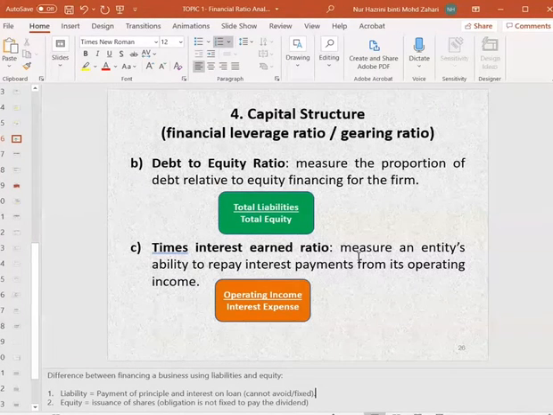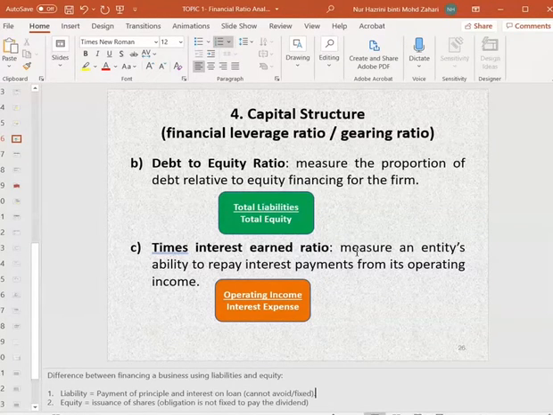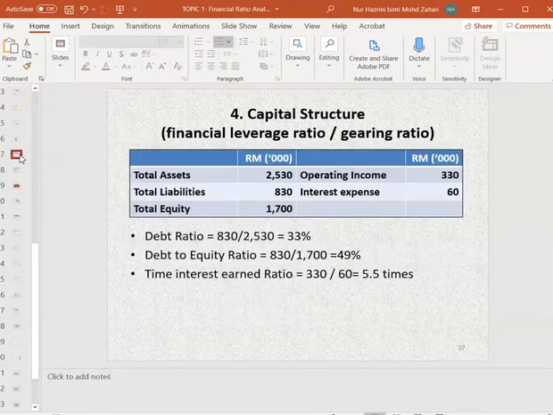Then next, we have the times interest earned ratio. This one we want to see the ability, and how much operating profit they generate, to pay the interest expense. In terms of calculation, for the debt ratio, we have total liabilities divided by total assets, so we have 33%.